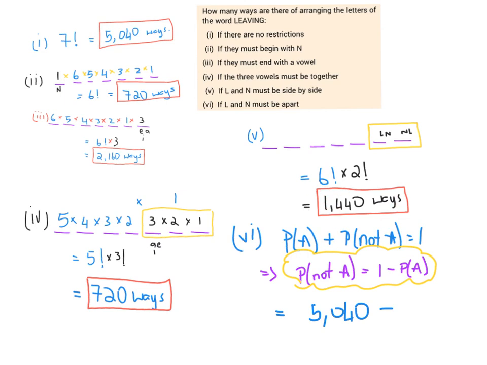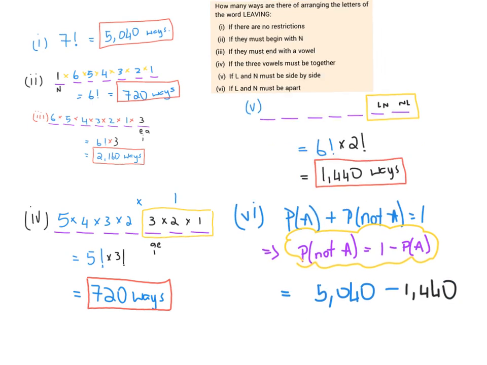So minus the 1,440, and that gives us 3,600 ways. Okay, so pause this, go back over any of it if there's any bit that you need to look at again, and make sure that you write all of these notes into your copy.